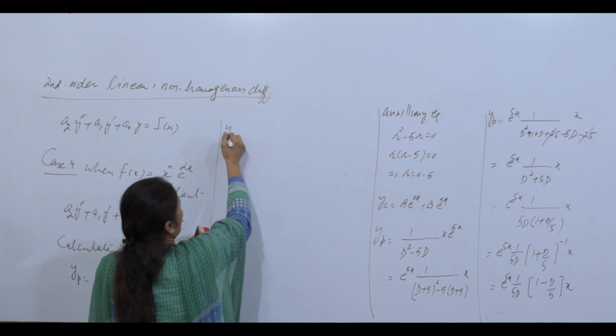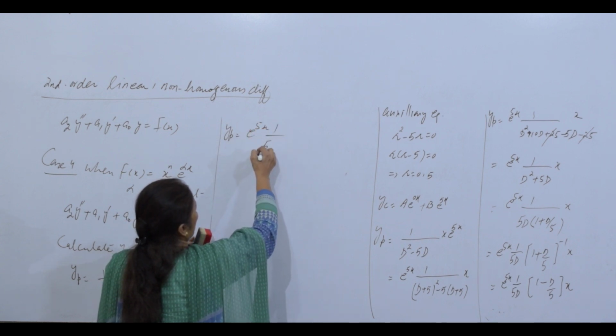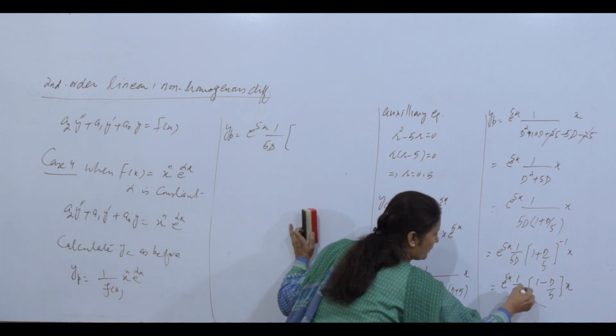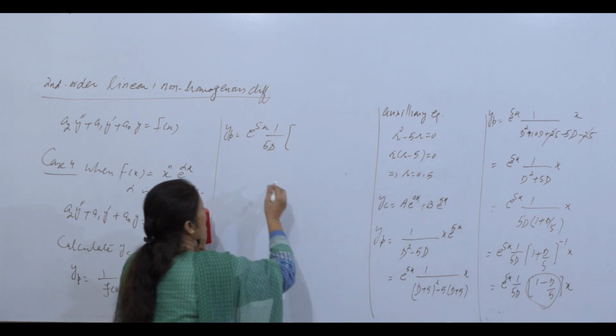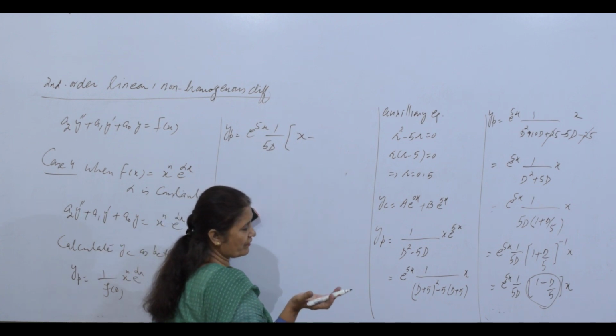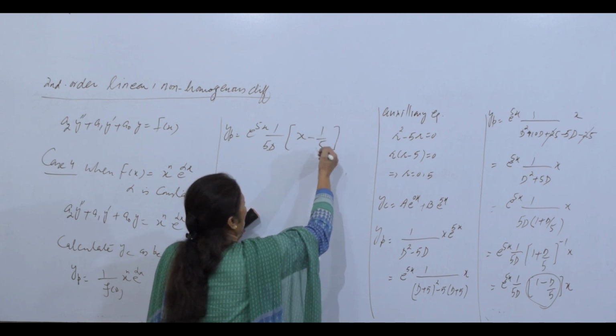So this is yp equal to e^(5x) times 1 over (5 + D), operating this bracket on the polynomial. 1 is multiplied, which is x, minus D, meaning the derivative d/dx, which is 1, so 1 by 5.